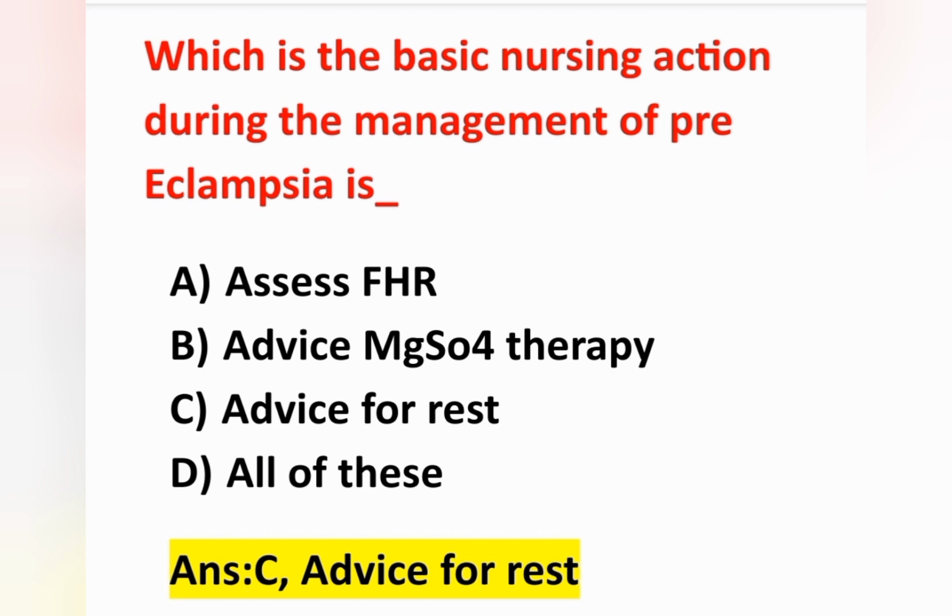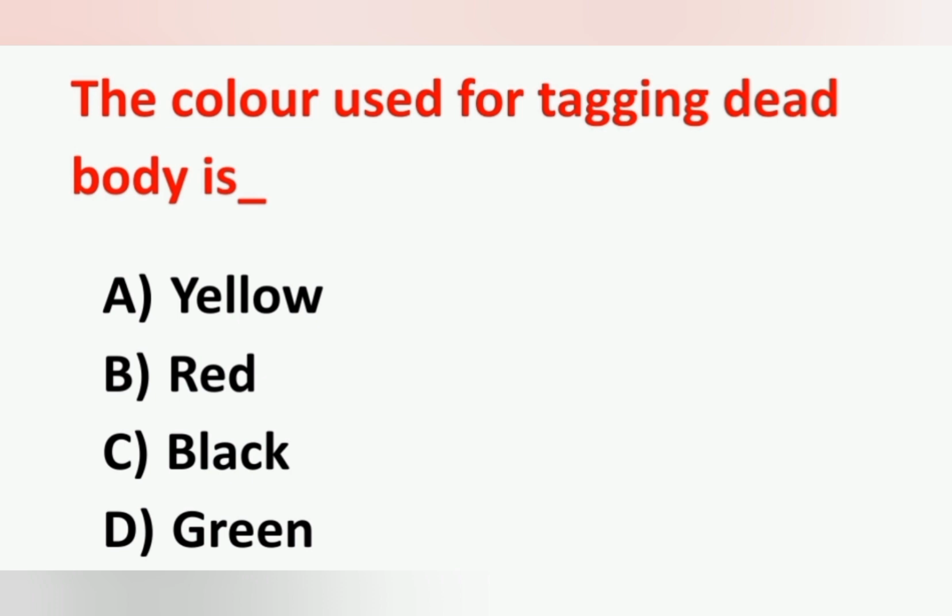Next question. The color used for tagging a dead body is: option A, yellow; option B, red; option C, black; and option D, green. The correct answer is option C, black.